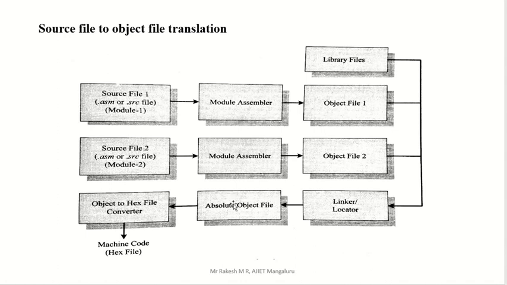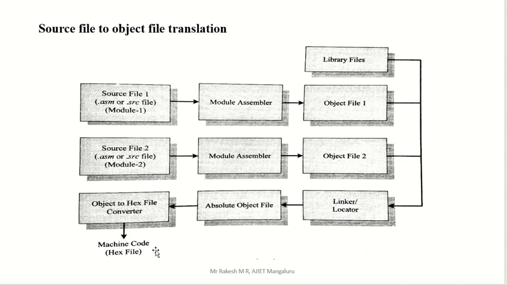The absolute object file is converted into your machine code by using another tool. We are using some other tools in all of these software. We have these tools: one is the assembler, one is the linker locator, and one is the object to hex file converter. Those tools are there in that particular software. That tool will convert your absolute object file to a hex file.